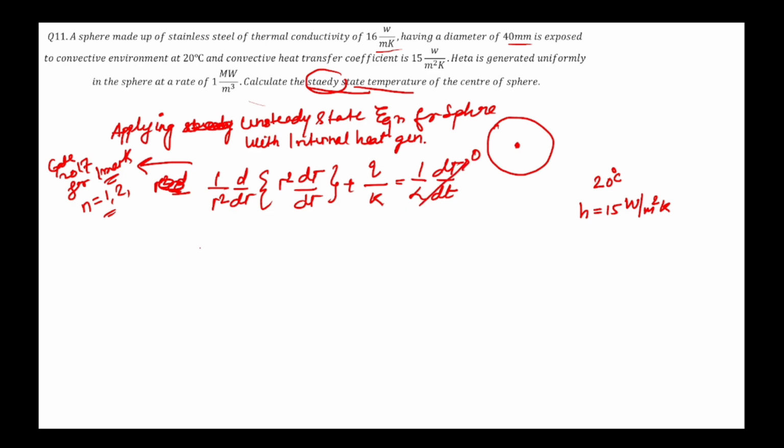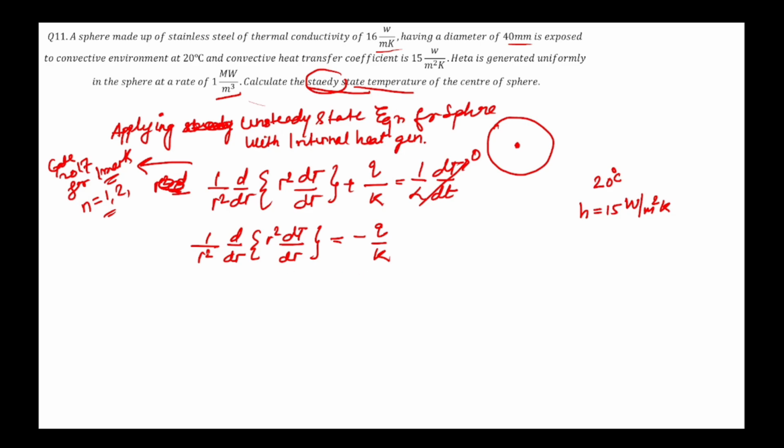So what else is remaining? 1 upon r square d by dr of r square dT by dr, where T is the temperature and small t is the time, is equal to minus q by k, where q is the internal heat generation, 1 megawatt per meter cube, and k is the conductivity.